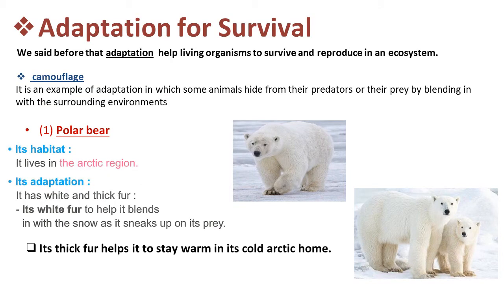We also have another example in the polar region, called the Arctic region, where the polar bear lives. How does this polar bear survive in the cold weather? It has white and thick fur to help it stay warm in its cold Arctic home. But white fur also helps it hide in the snow from its prey.